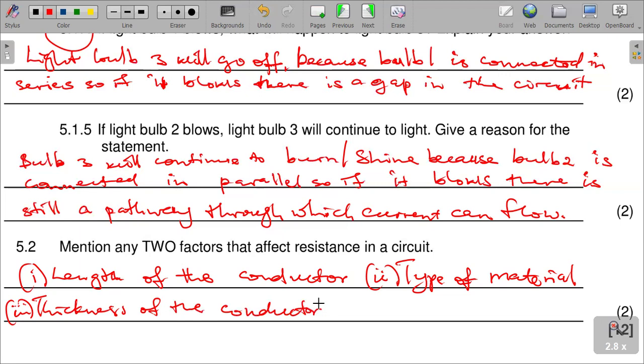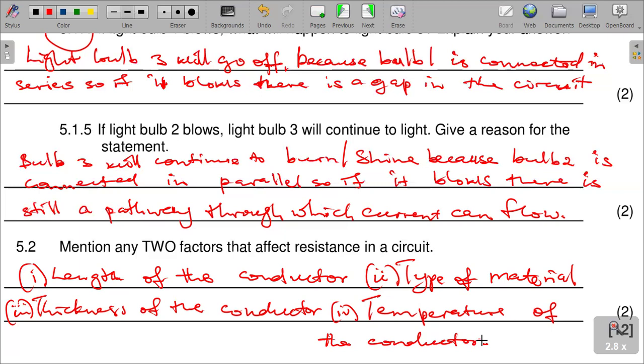And then also it can be temperature of the conductor. So these are various factors that can affect resistance in a circuit: length of the conductor, type of the material, thickness of the conductor, temperature of the conductor.